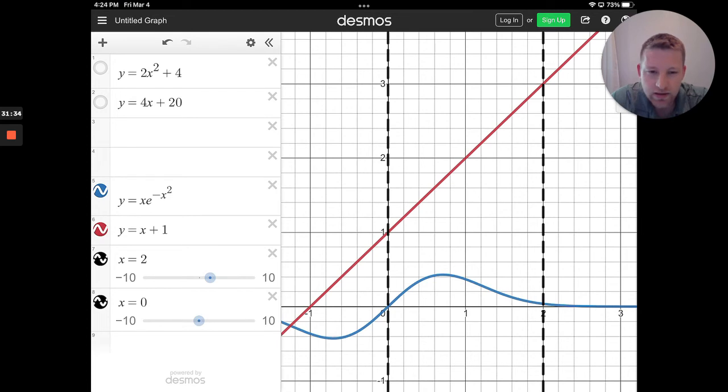So we can imagine this is going to be somewhere between 2 and 4 maybe, would be an educated guess for the area between those two curves and the lines x equals 0 and x equals 2.